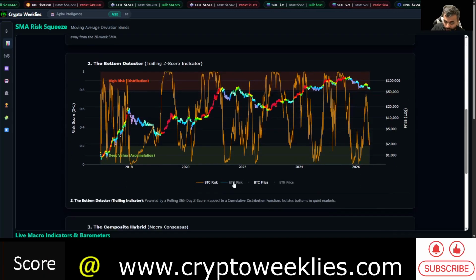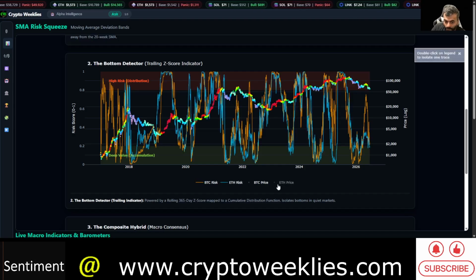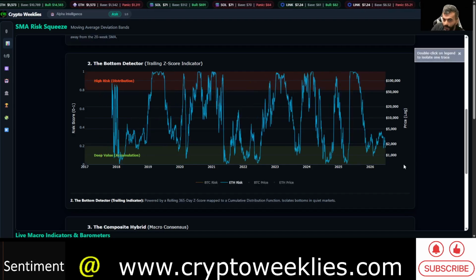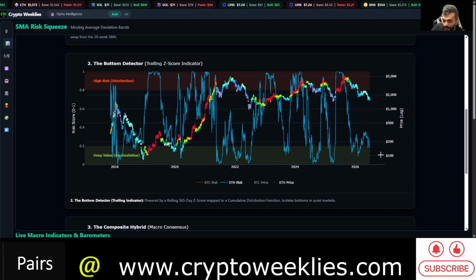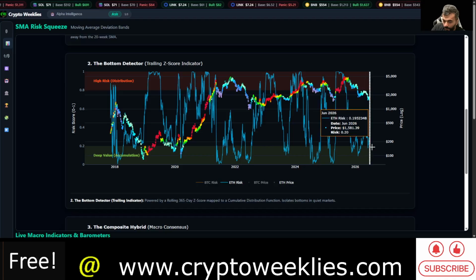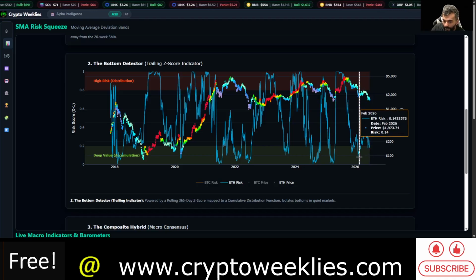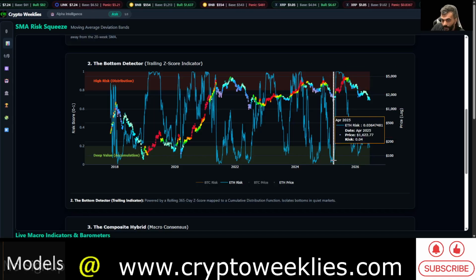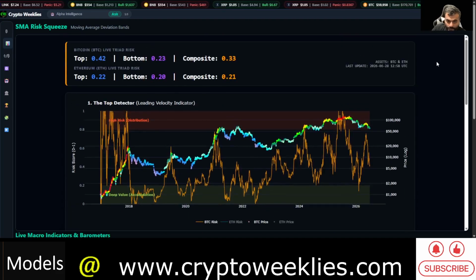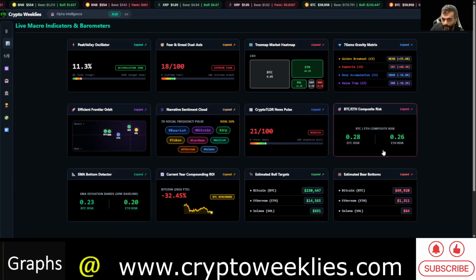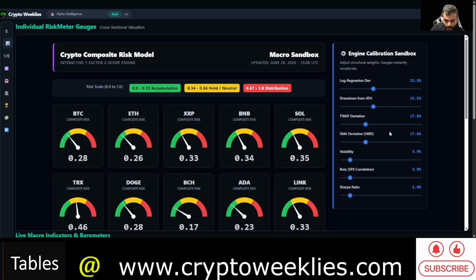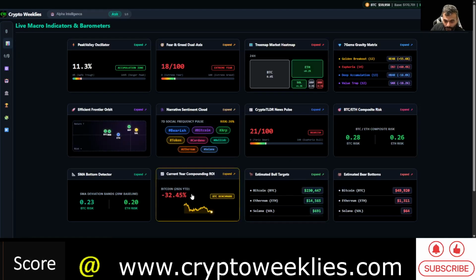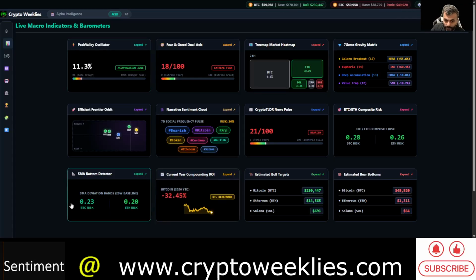Bitcoin is just shy of that, whereas for ETH right now, if we get rid of Bitcoin and Bitcoin's price action, we could see that ETH is coming really close to that accumulation territory, like it came in February 2026 and in April 2025. This is using the 20-week simple moving average, and much more apart from that is, again, this composite risk and the other indicator that we saw over here, the SMA bottoming indicator.